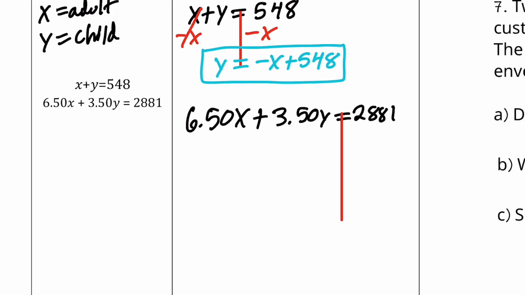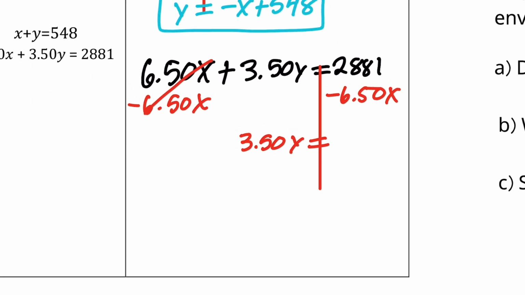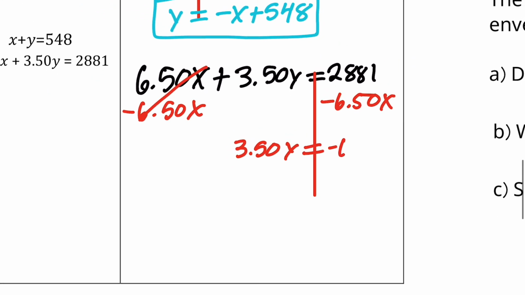First step, I'm going to subtract 6.50x on both sides. 6.50x and 6.50x go away, and I'm left with $3.50y is equal to -$6.50x plus 2,881. Ooh, I'm running out of room here. Sorry, guys. And then divide both sides by 3.50.